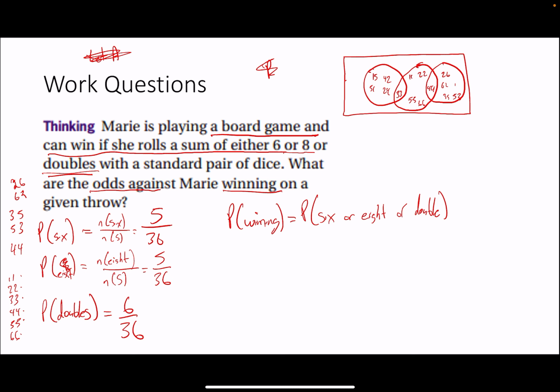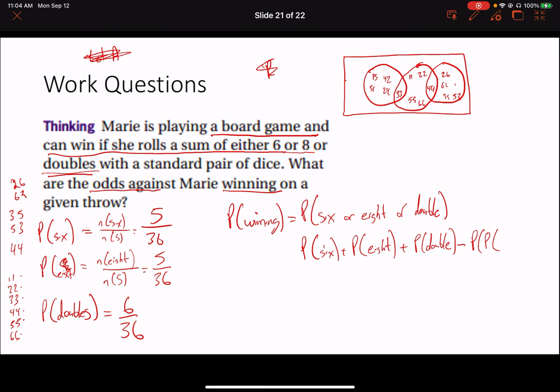But 6 and 8 are mutually exclusive. So if we count P(6) plus P(8), plus P(double), then we have to subtract, because P(double) is not mutually exclusive, anything that's non-mutually exclusive.